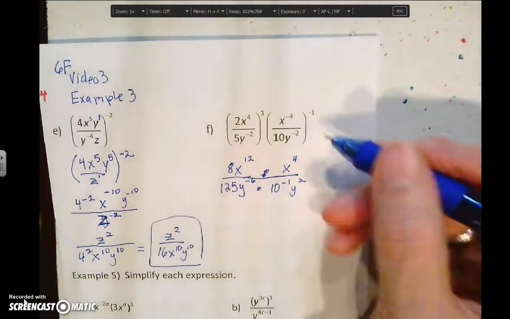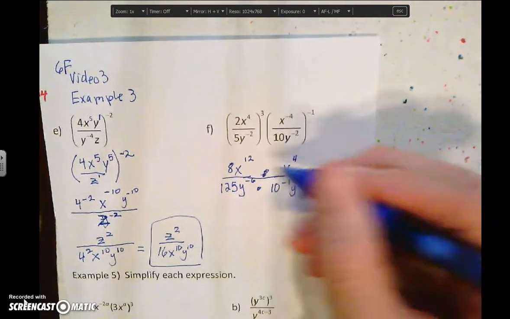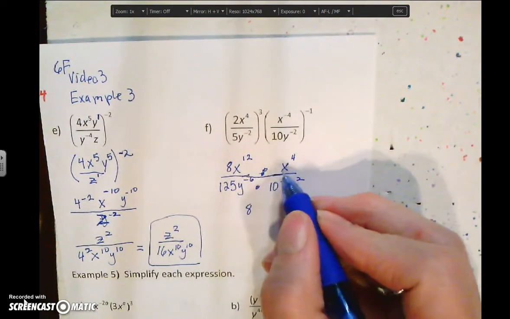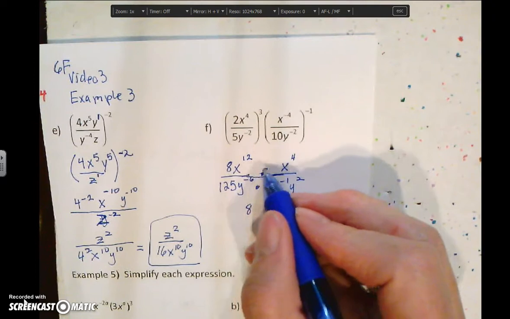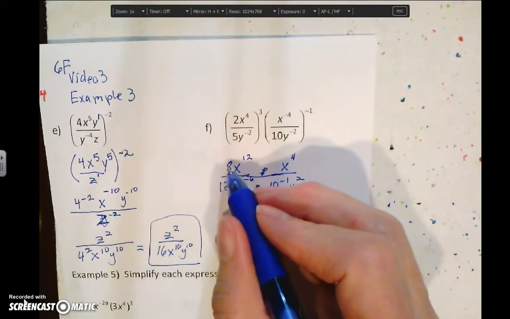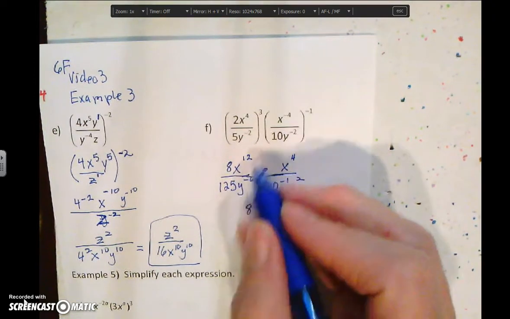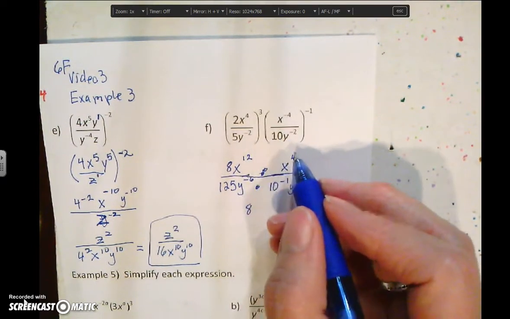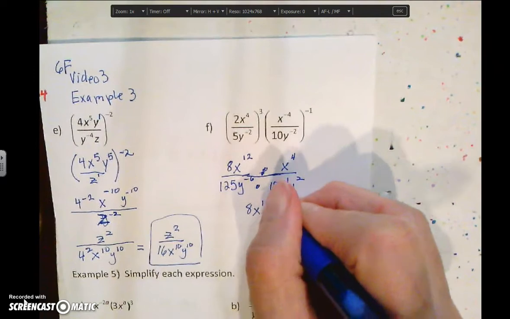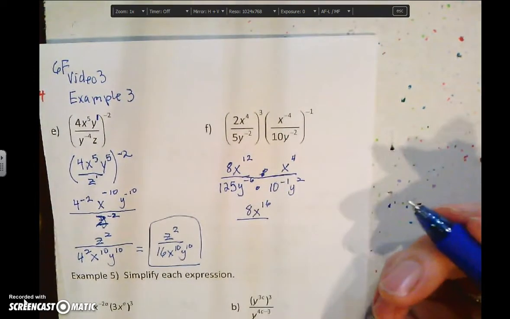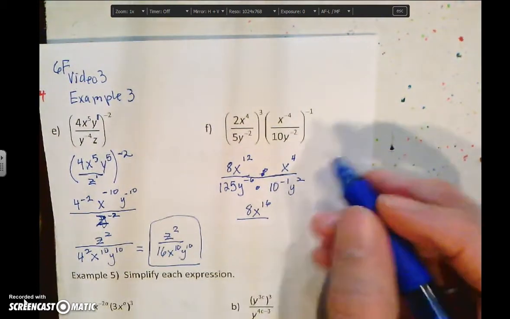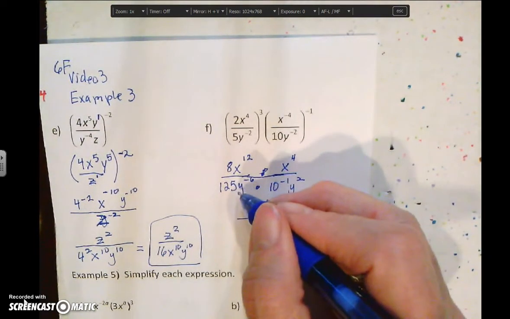Then let's put together our x's up here. So we have an 8. And when I multiply, I'm going to multiply my coefficients. So 8 times 1 is 8. And I'm going to add my exponents. So 12 plus 4 is 16. Oh, down here, I'm seeing the y to the negative 6.